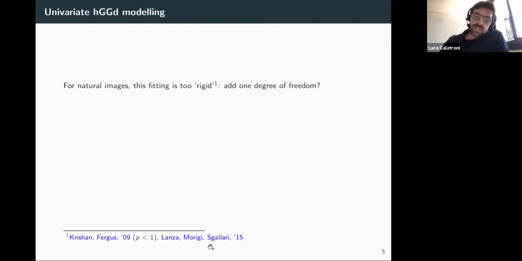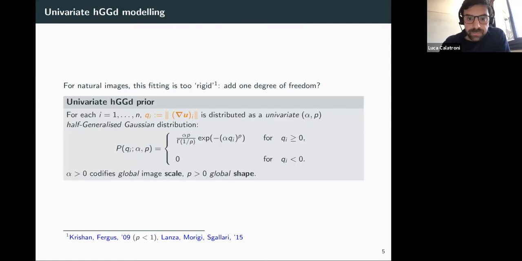So the idea considered in these two papers was to add one degree of freedom, in particular one further parameter, which corresponds to assuming that the gradient magnitudes are now distributed as a half generalized Gaussian distribution, depending on two parameters. So now the alpha parameter I mentioned before, and a parameter p, which is a positive parameter defining the global shape of my distribution.